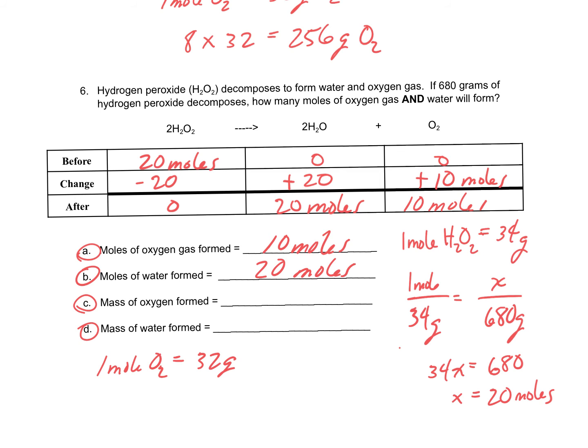Okay, we made 10 moles of oxygen. So that's going to be 10 times 32. That's going to be 320 grams of oxygen.